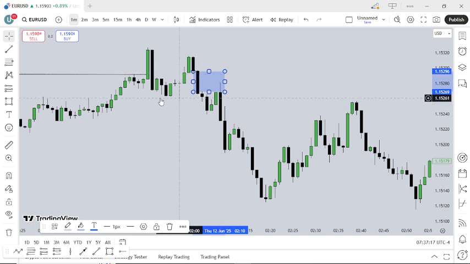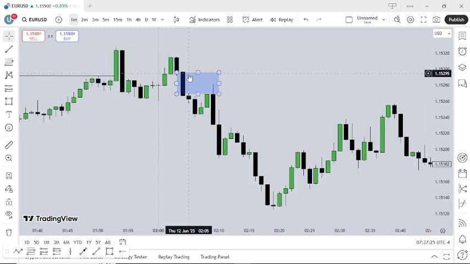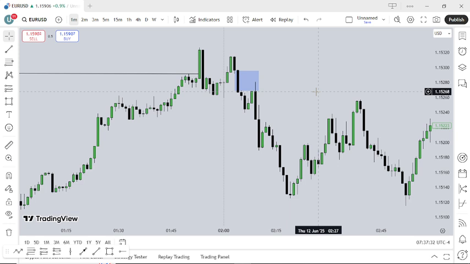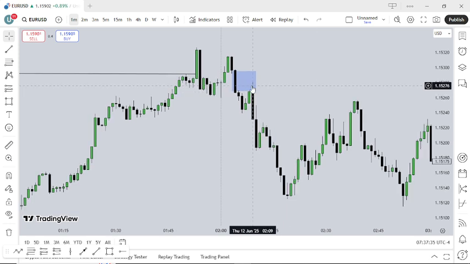Then our eyes were fixed on this gap here. So we set our limits, we set our order, and immediately this candle entered into this imbalance here. Then there we have our short order.